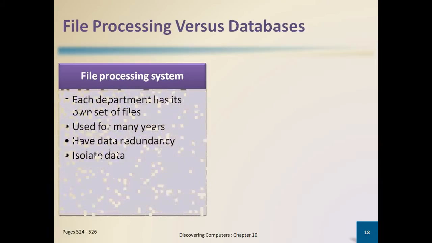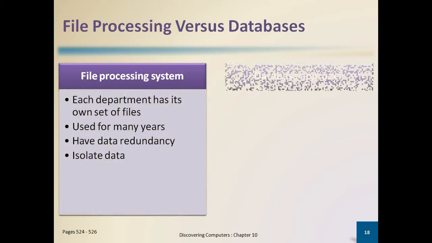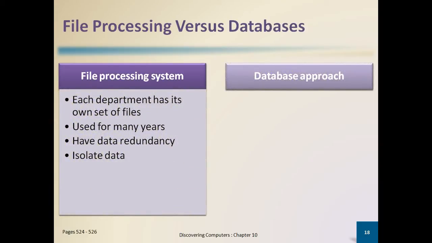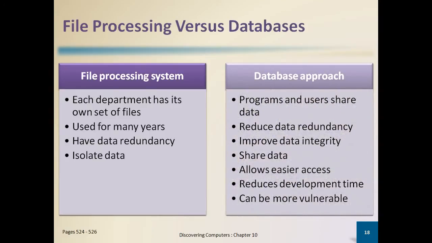File processing versus database. File processing system, database approach. Jadi file processing versus database itu ada file processing system-nya, ada database approach-nya. In file processing systems, each department has its own set of files used for many years, with data redundancy and isolated data.